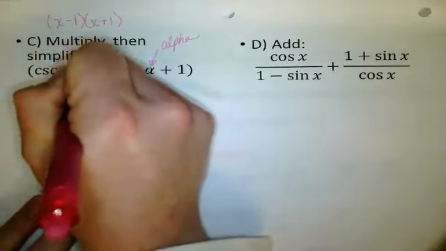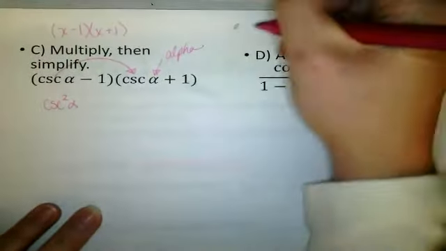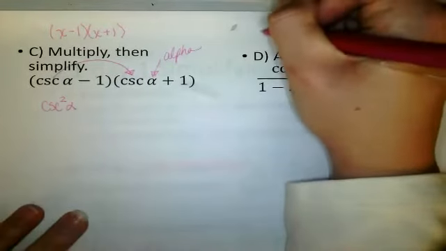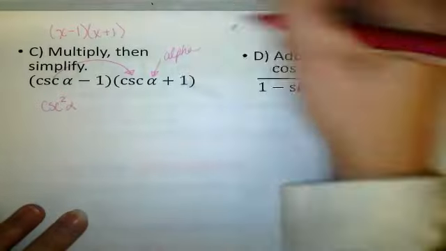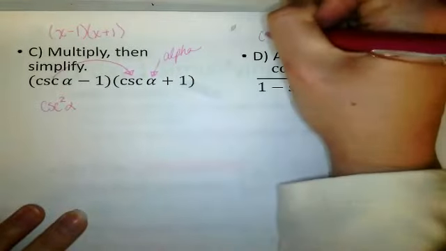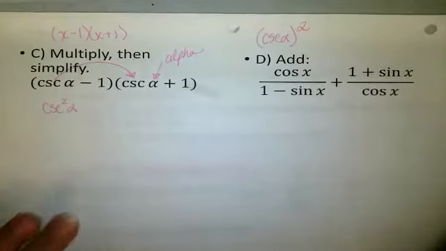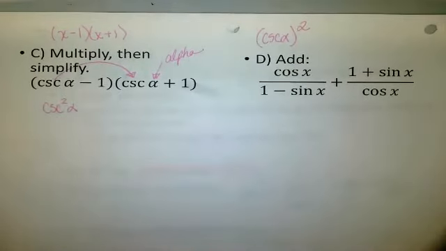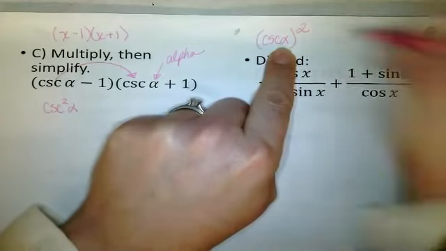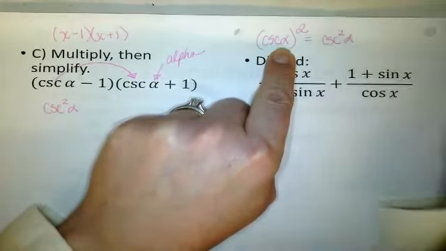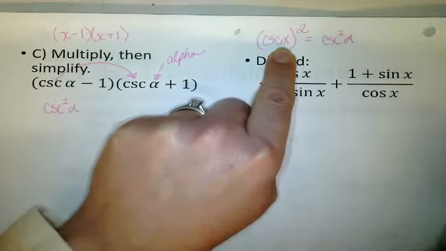cosecant squared of alpha. Now let me remind you, just so we're clear, it's not alpha squared, so that's a good point. So I could write this two ways. Cosecant of alpha quantity squared is what it technically is. It's cosecant of alpha times cosecant of alpha. But we shorthand it and say cosecant squared of alpha, so we can write it without the parentheses.